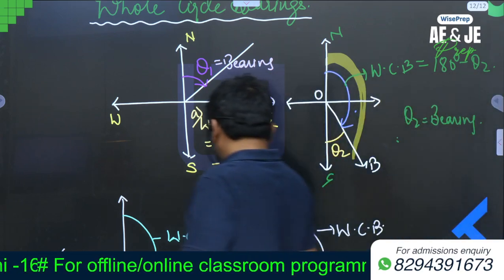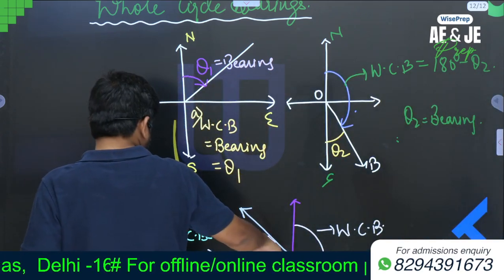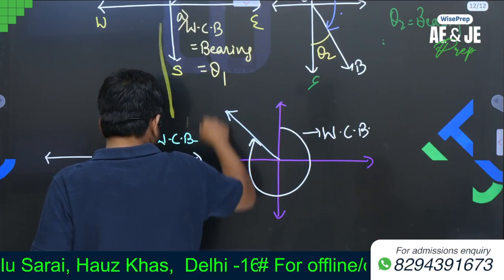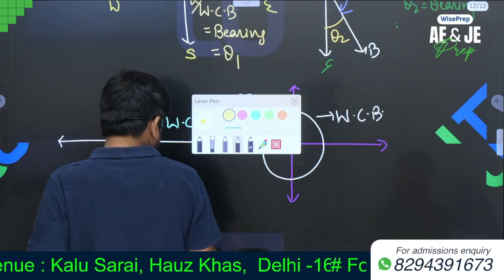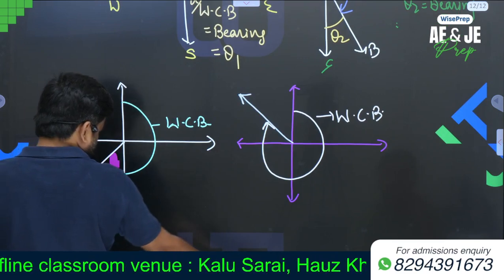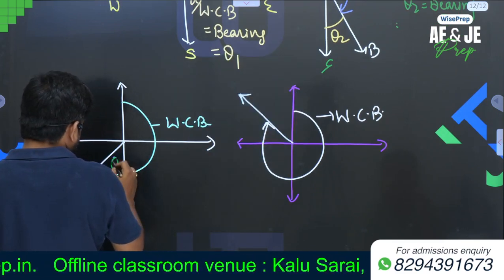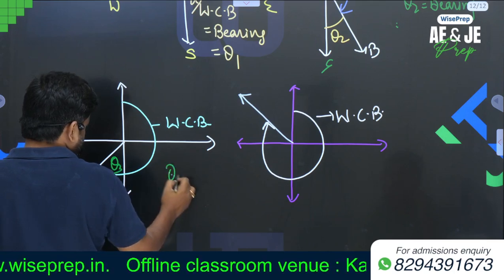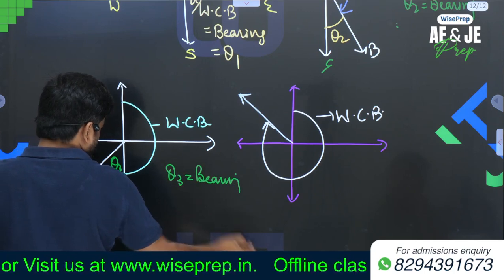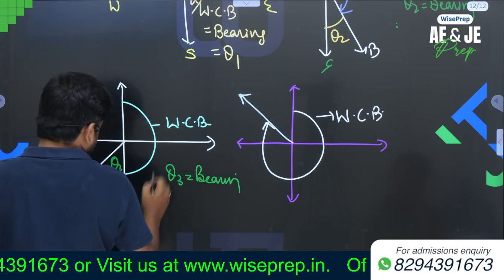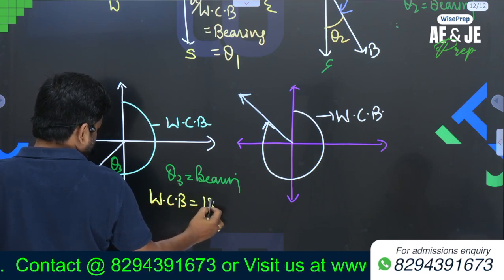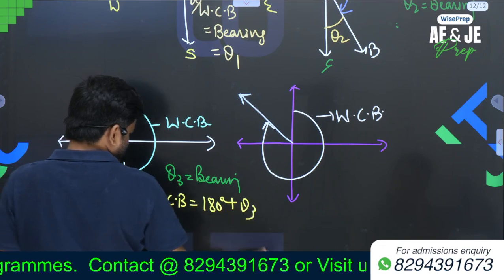Now let's see here. Let theta 3 be the bearing. Theta 3 is the bearing. So obviously the WCB here will be 180 plus theta 3.